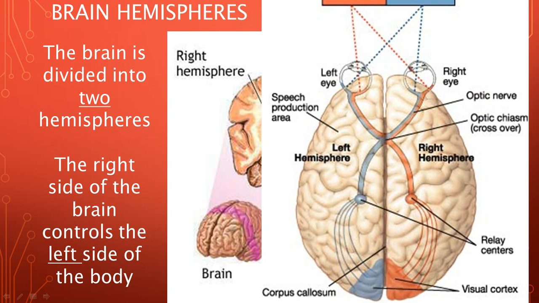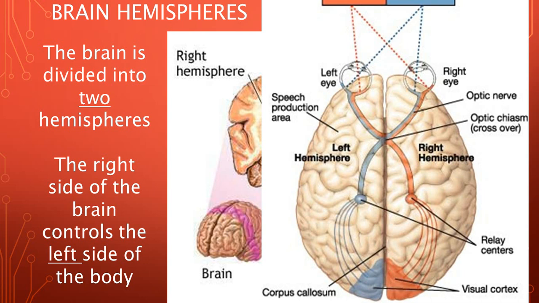But like my right brain is controlling my left hand. So if you're left-handed, then you're more right-brained, you see. And I will say that right-brained, left-handed people tend to have lots of creativity, musical abilities, things like this, because the right side of the brain tends to have more of those things.